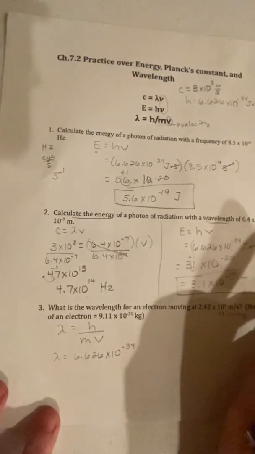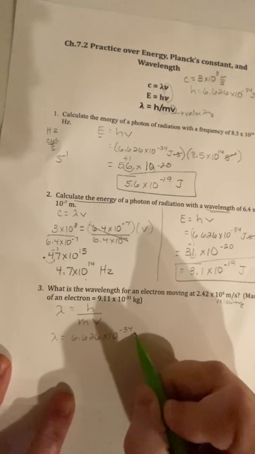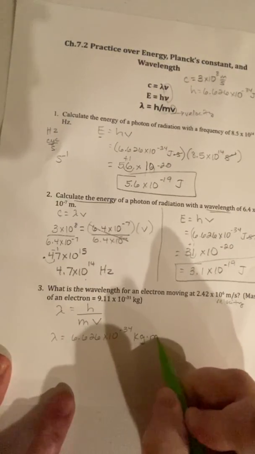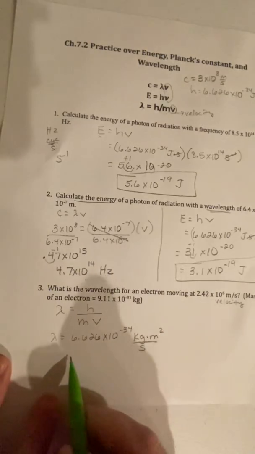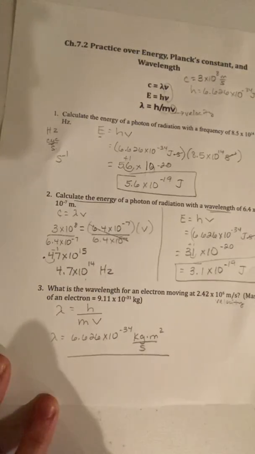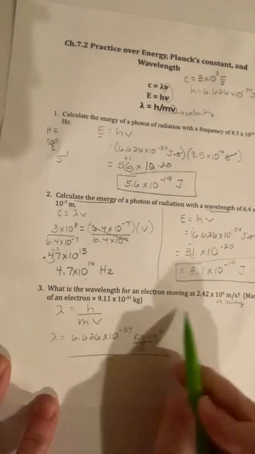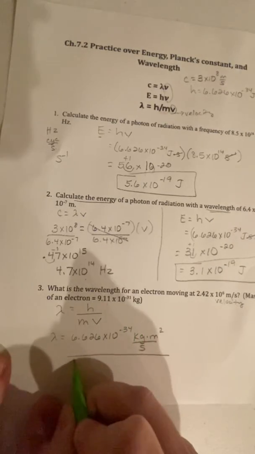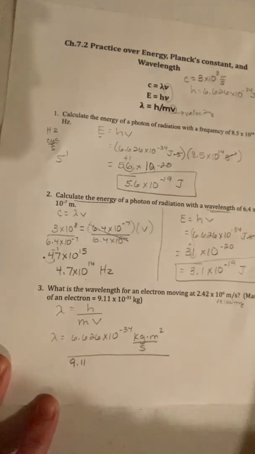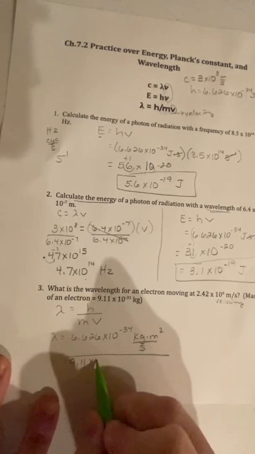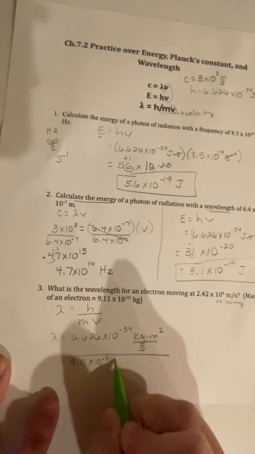So flipping back over, that means this is going to be kilograms times meters squared over seconds. I'm going to be dividing this by the mass, which they tell me is of an electron, 9.11 times 10 to the -31st kilograms.